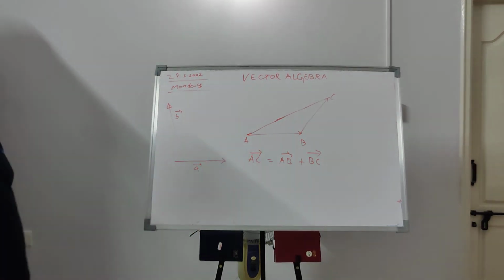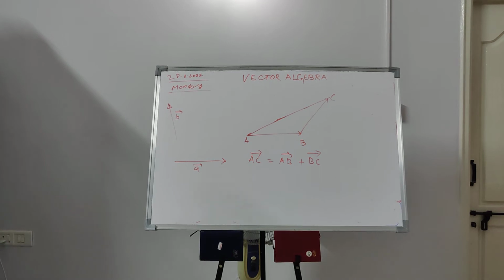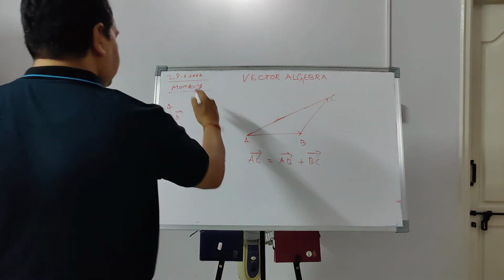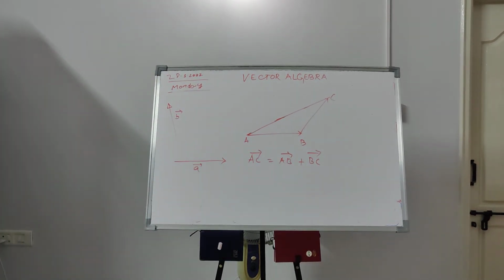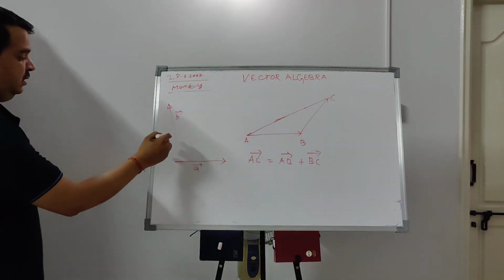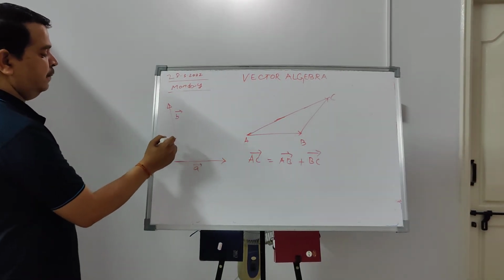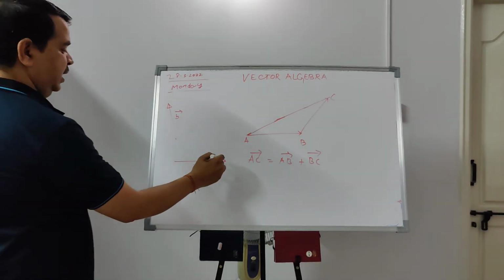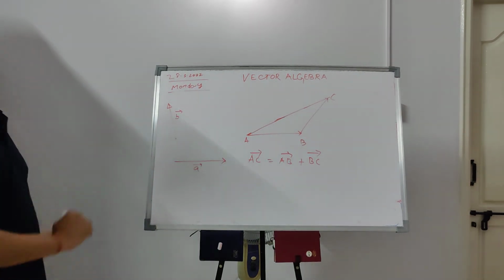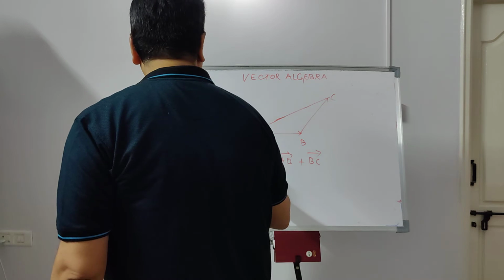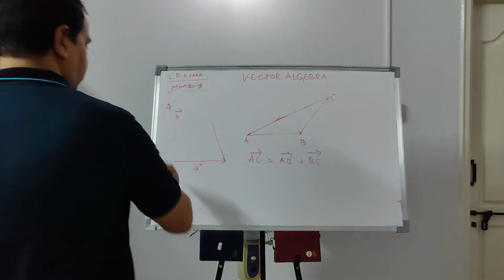Let us say this is the final point of A. Now you move B parallel to itself so that the tail of B, the initial point of B, matches with the final point of A. So you draw something like this. It is almost parallel.